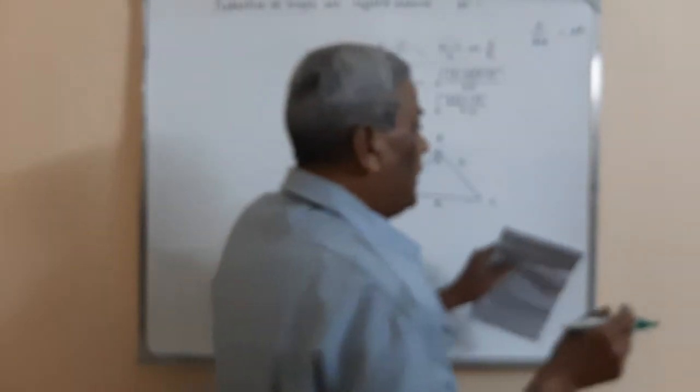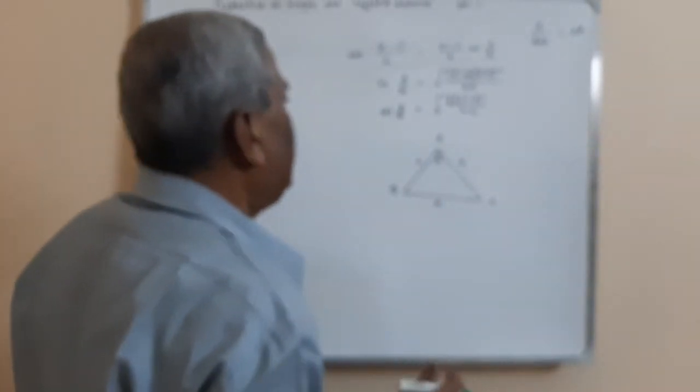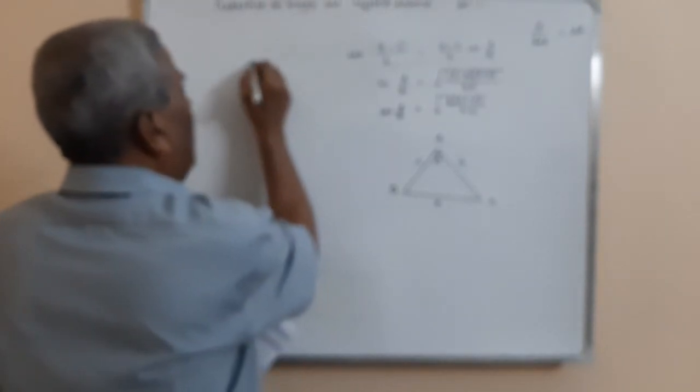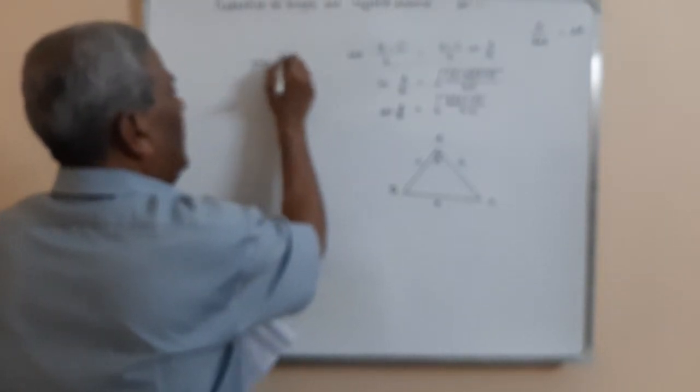And combining these two, there is one more formula, tan of A by 2.